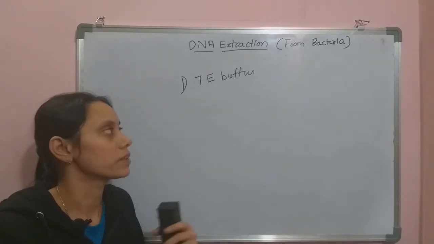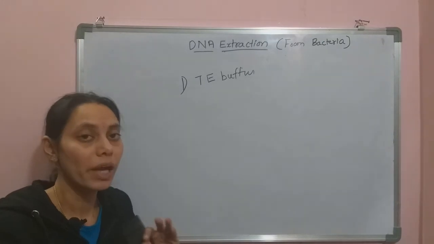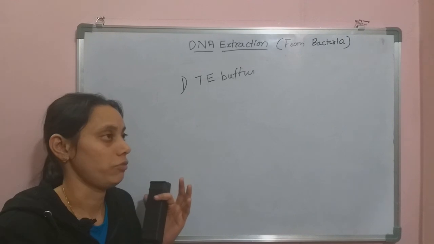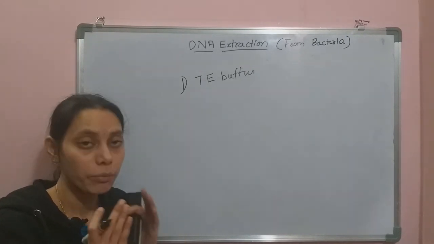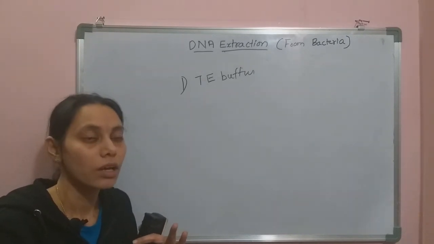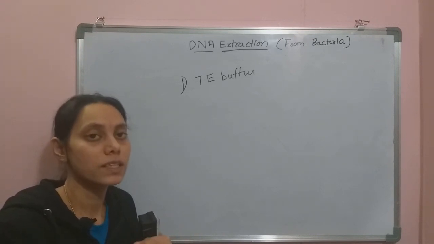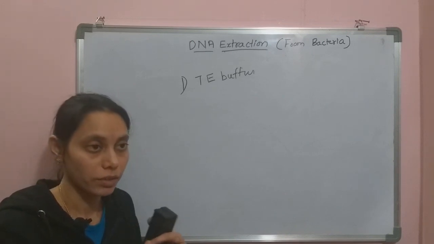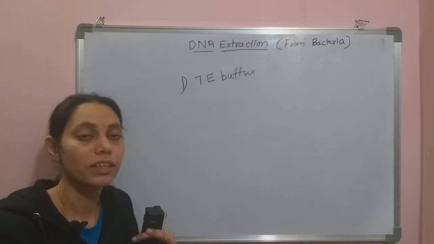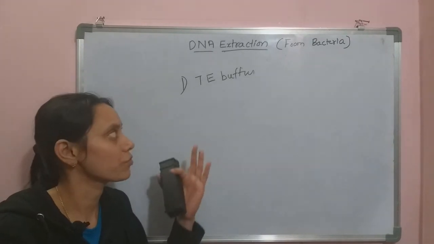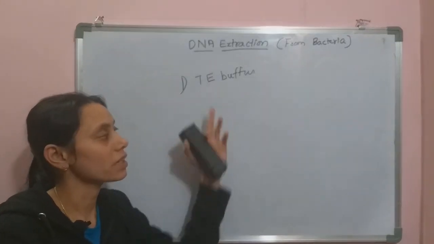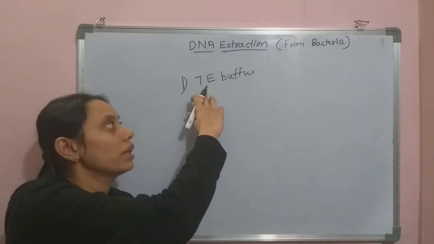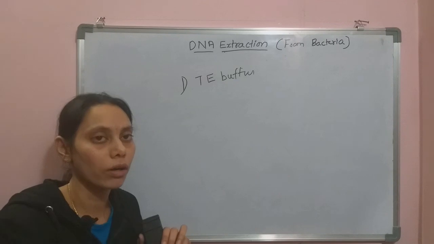As we already discussed, the function of Tris is to maintain the pH so that the DNA present in this Tris EDTA buffer will remain stable and will not be damaged by pH related damages, rapid pH changes. And EDTA is a chelating agent, so by using this TE buffer we can store DNA for a longer time.